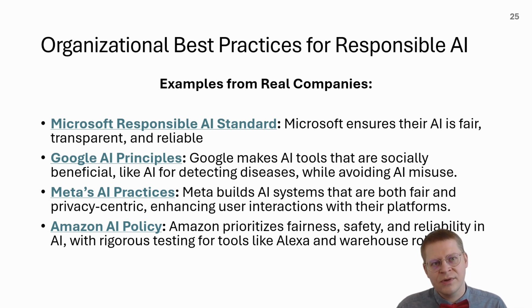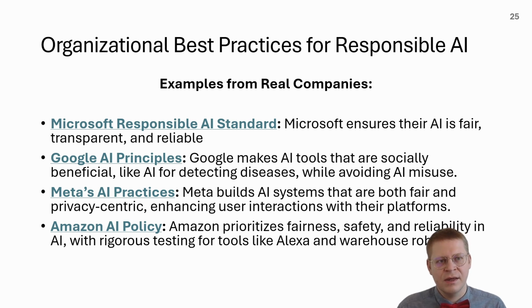Google uses AI principles, focusing on socially beneficial AI applications, such as disease detection, while actively avoiding misuse, like unethical usage of the ML. Meta takes a privacy-centric approach, building fair AI systems that enhance user experience while safeguarding user data.